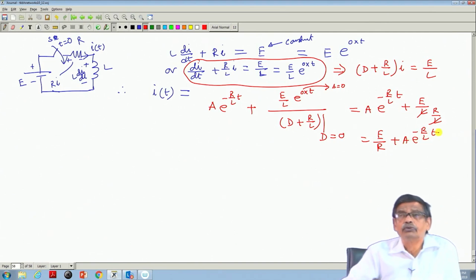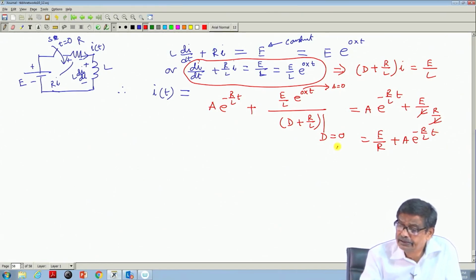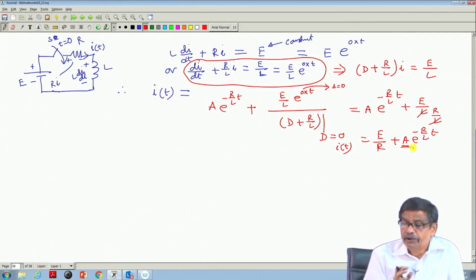So, the solution due to the forcing function can be very easily found out, and the rest of these steps you know. This is your IT, then apply boundary conditions to get A determined. So, what is the thing?